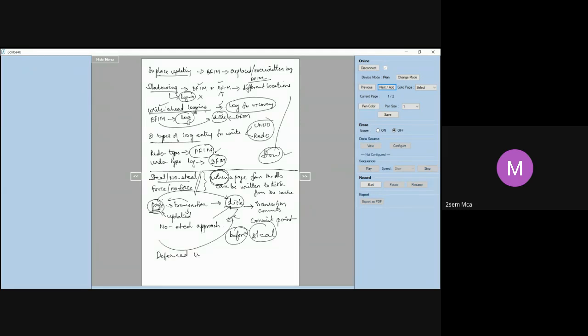Deferred update uses a no steal approach. Why? Because in the no steal approach also, you update the disk only after the transaction commits. In deferred update also, you make the final updates in the disk only after the transaction commits. Right?